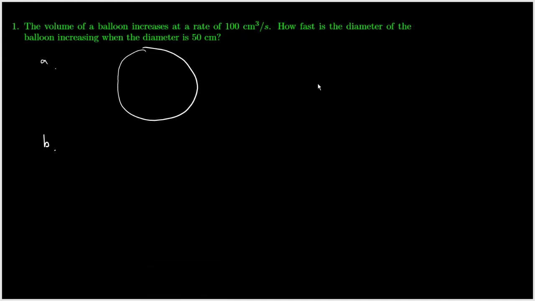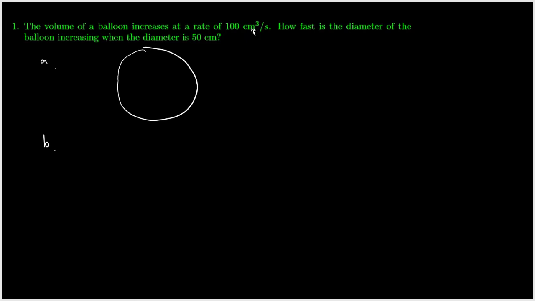Now identify the quantities. Identify two quantities. So maybe try to answer my question. For which quantity are we given the rate of change? So tell me a word. The volume of the balloon increases at a rate of 100. The volume is right here.